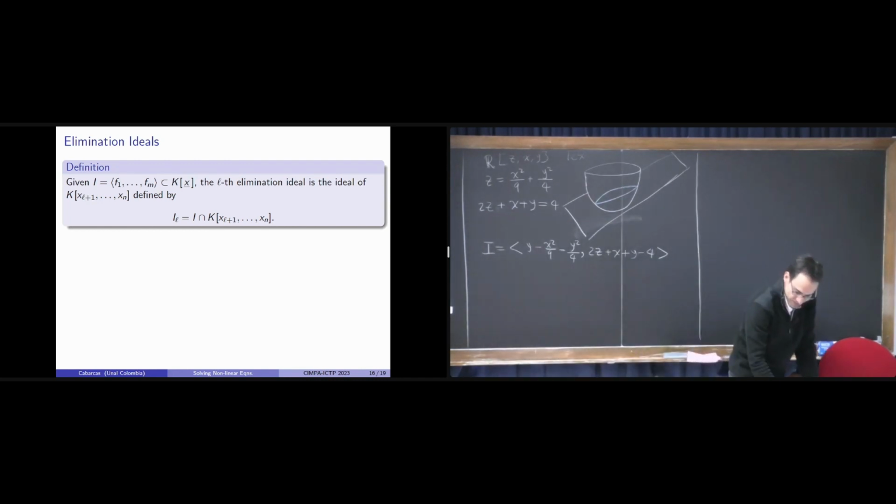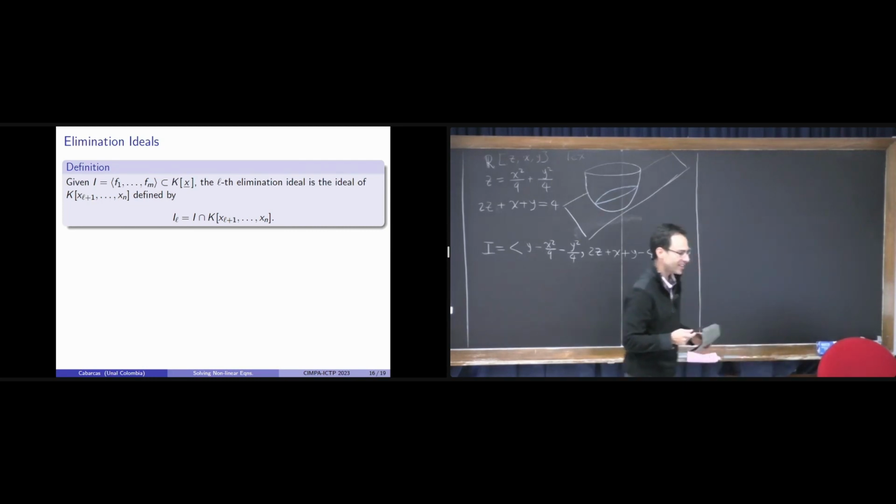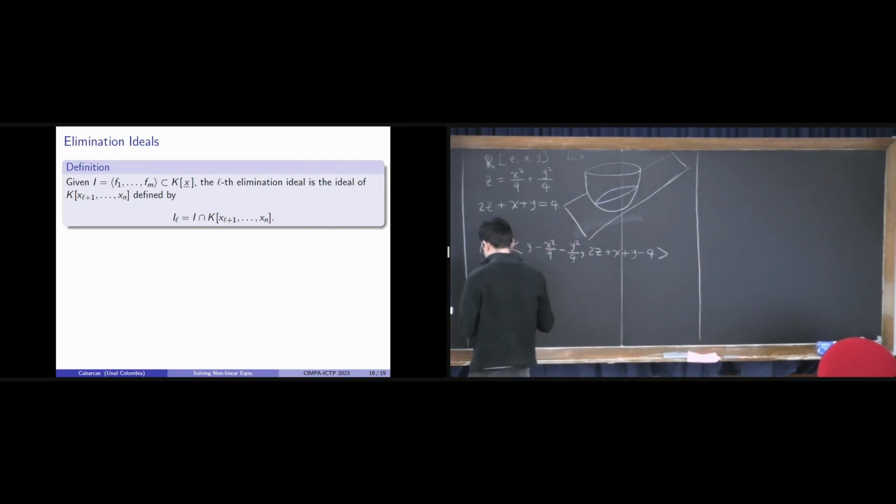So now, magically, I'm going to tell you what the elimination ideal is, the first elimination ideal. So I1, when we eliminate the variable z, what do we get? What we get is the following.